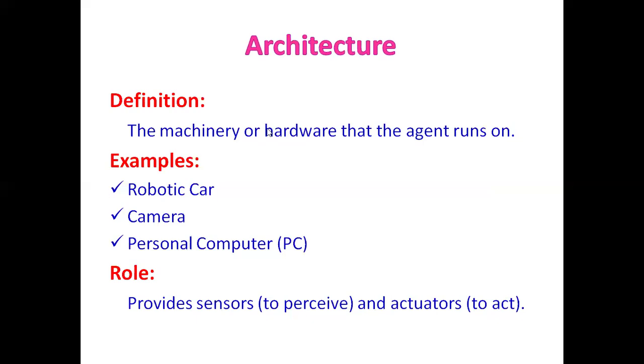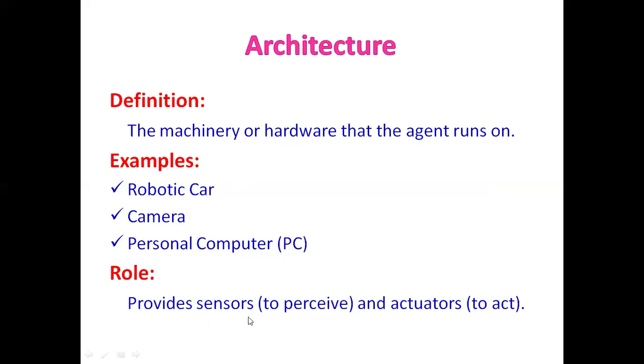For example, hardware that an AI agent might use includes robotic cars, which allow for autonomous movement, cameras for visual perception, and personal computers for running software applications and processing data. And what is the main role?